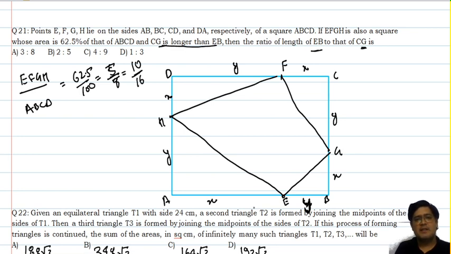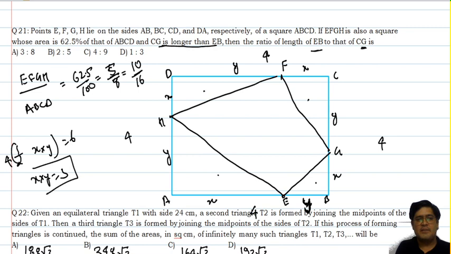This gives me this side as 4. I'm working with assumptions here. The internal area is 10, that means the outer triangles' area is 6. Observe, half of x into y made 4 times is 6 in my assumption. So x into y is 3 and x plus y is turning out to be 4.